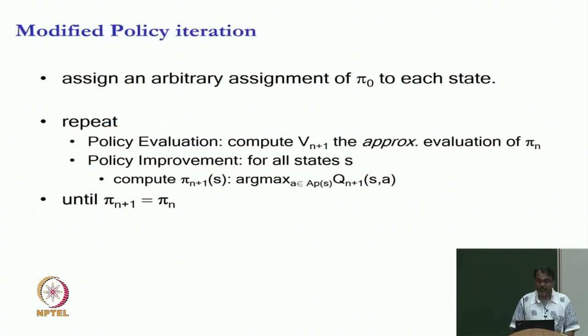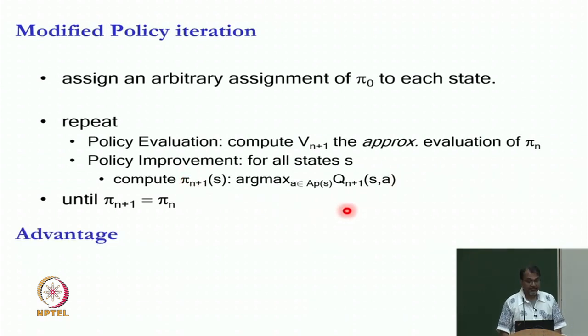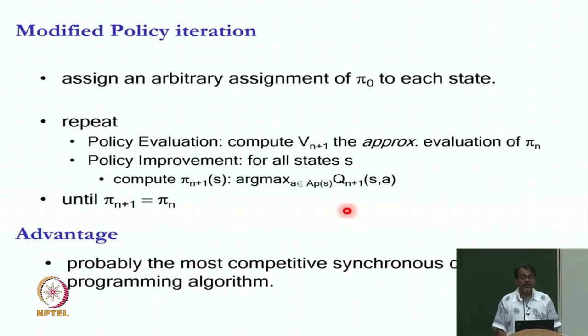So, what is modified policy iteration? It says initialize pi 0 arbitrarily, do policy evaluation, where V n plus 1 is the approximate evaluation of pi n, and then do policy improvement, where pi n plus 1 is argmax, exactly what we used to do. The advantage is that it is in practice a faster algorithm.